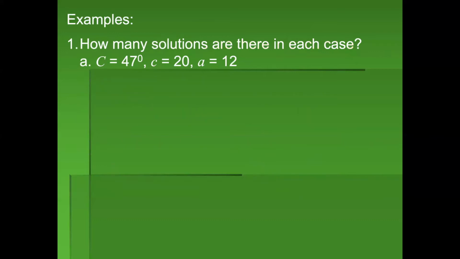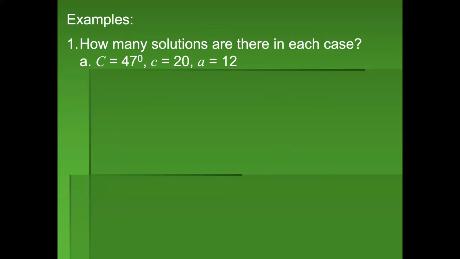Let's start with number 1, letter A. How many solutions are there in each case? In this given, we will just identify the number of solutions for a particular given.